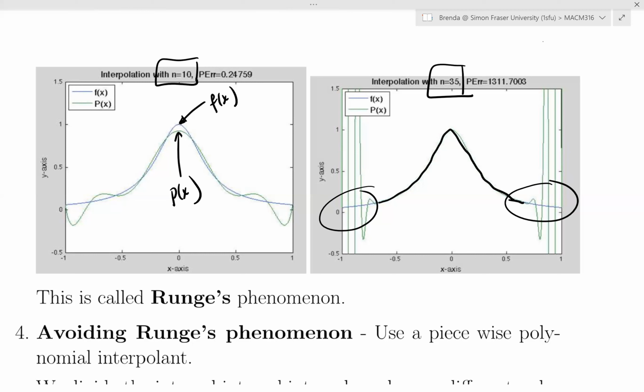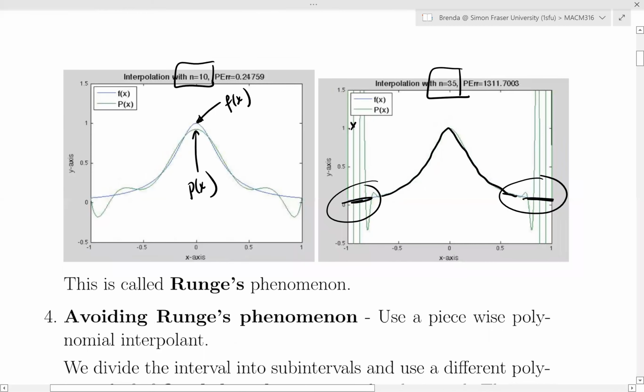By forcing the polynomial through all of the points, you get this oscillatory behavior at either end. And then, of course, that's the pits, because if you start to use your polynomial in these areas over here, you incur huge errors. And nobody looking at that underlying function would think it would be a good idea to approximate the point by something way up here. Okay, this is called Runge's phenomenon, and we wish to avoid it.